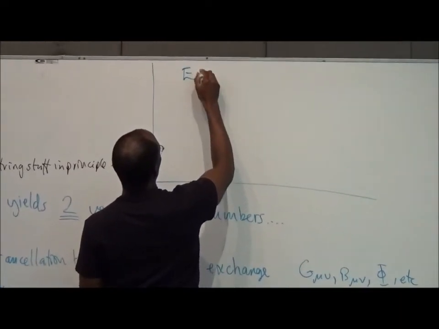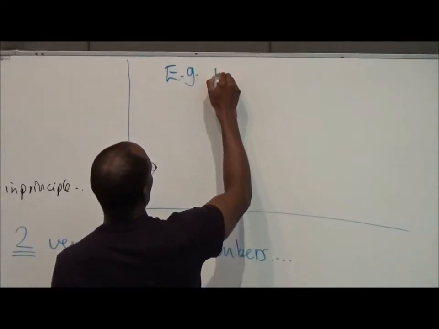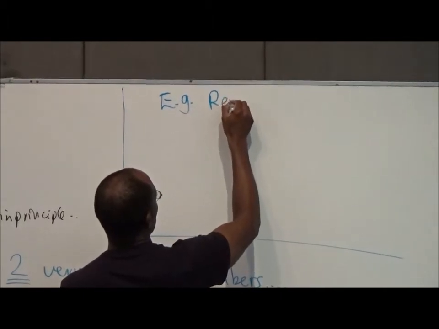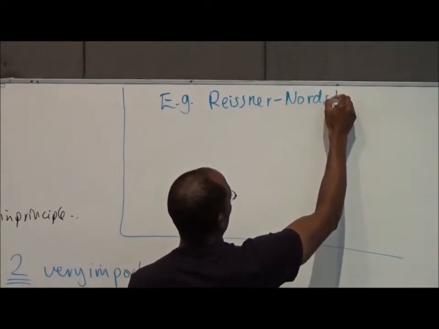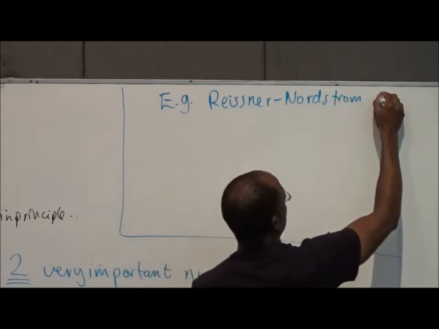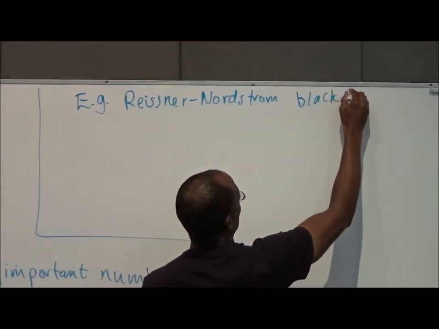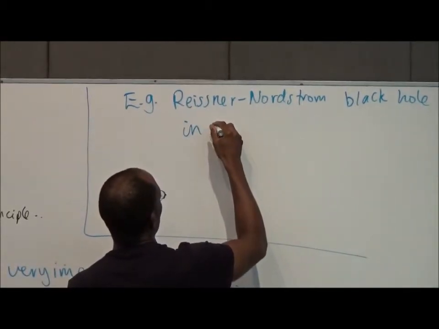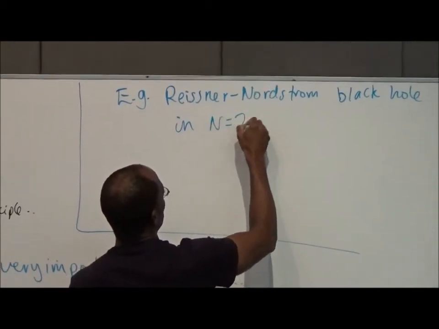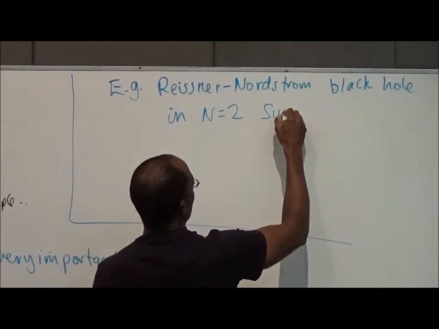So a good example: the Reissner-Nordström black hole in N equals 2 supergravity.